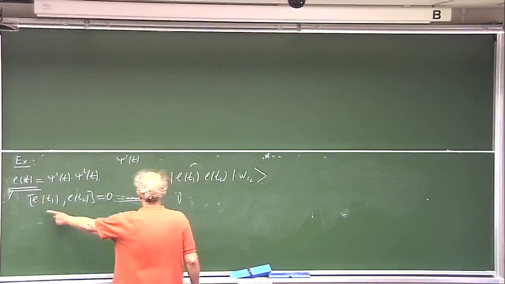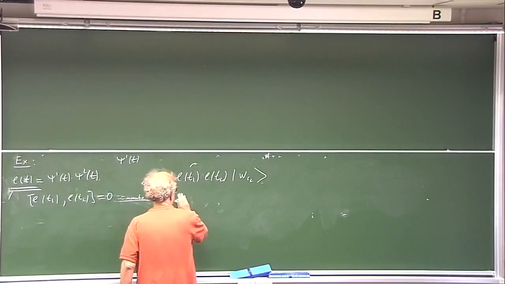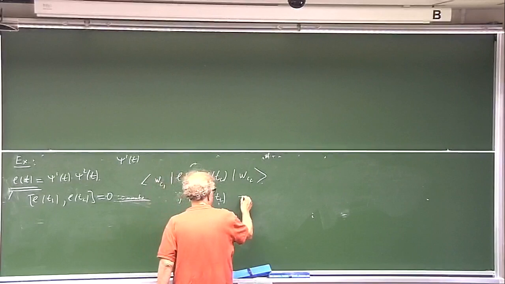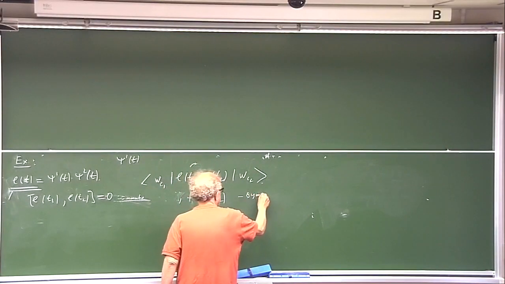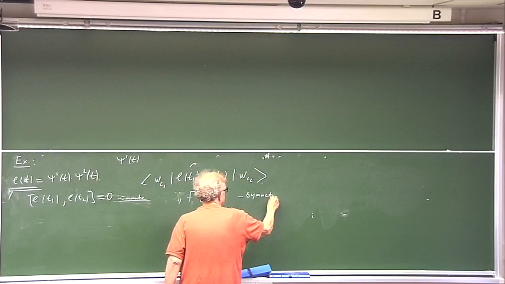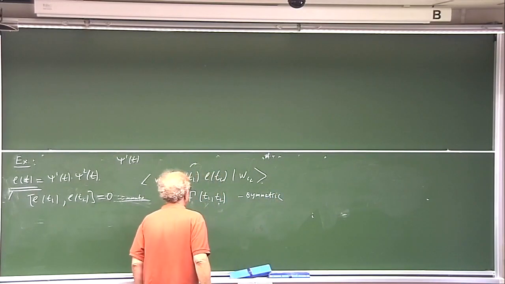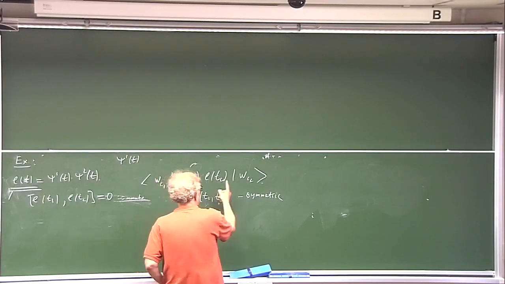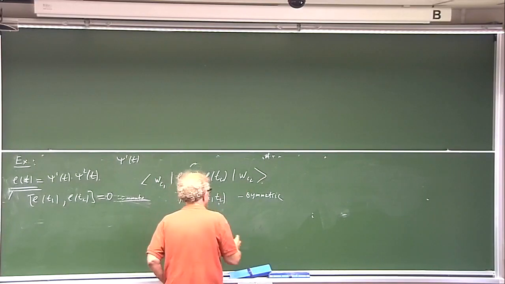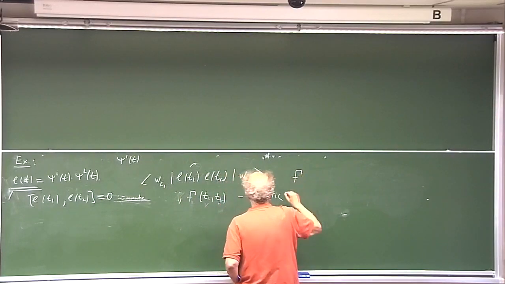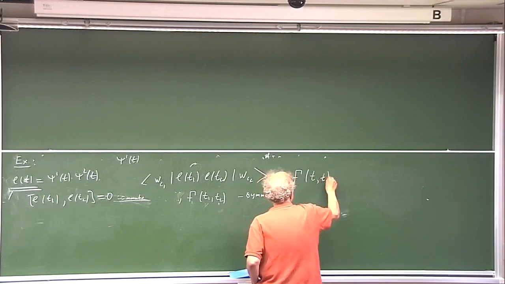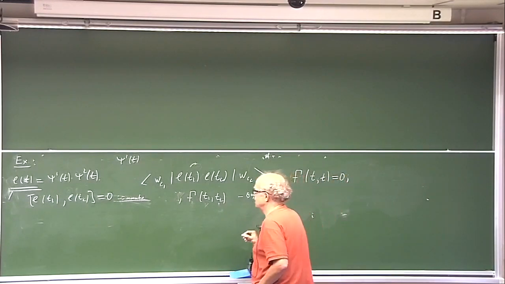First of all, they commute. Therefore, it will be a function in two variables, t1 and t2, which is symmetric. But not only that. I claim that for any w here and w here, this function M satisfies the condition that f(t, t) will be 0 on the diagonal.